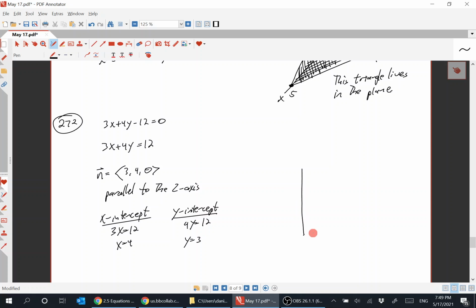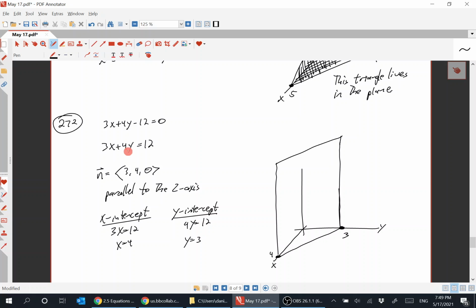So now when you want to draw this, here's x equal to 4, y equal to 3. That's the line down here, and then the plane just travels up parallel to the z-axis. Why does it have to be parallel to the z-axis? There's not going to be a z-intercept.